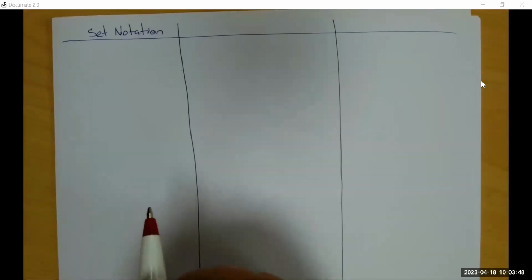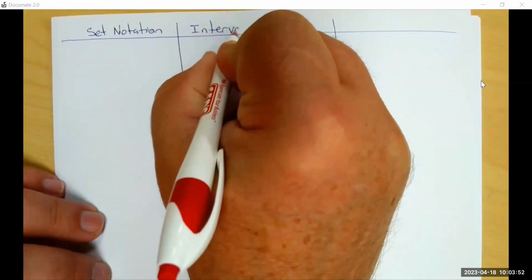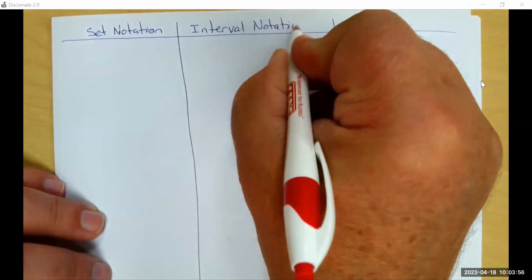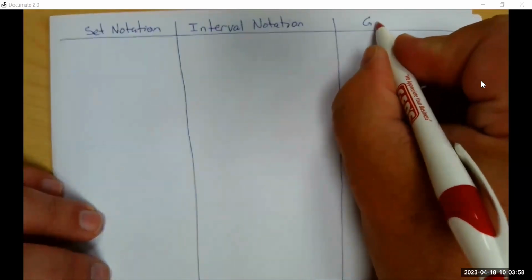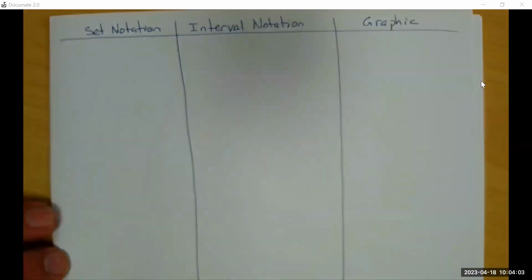The left column will be set notation. The middle column will be interval notation. And the right column will be the graphical representation.